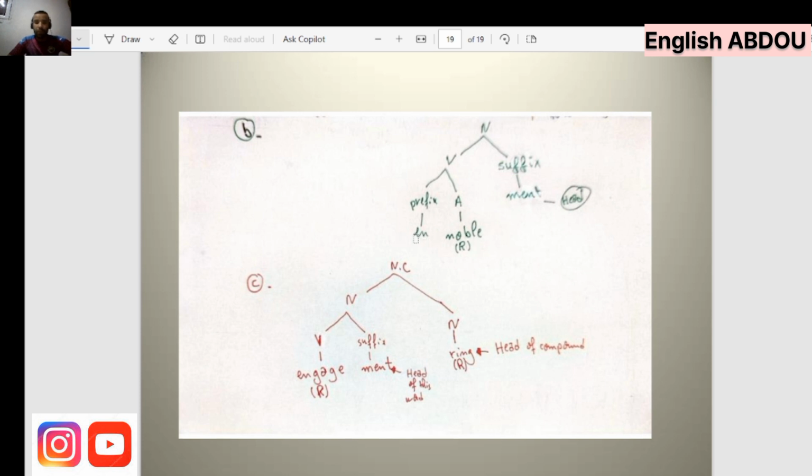So ennoble is a verb, and noble is the root. Here we have -ment, which is the last process or the last morpheme that we added to the word, so it is the head, and it is the same thing. And good luck to all of you.